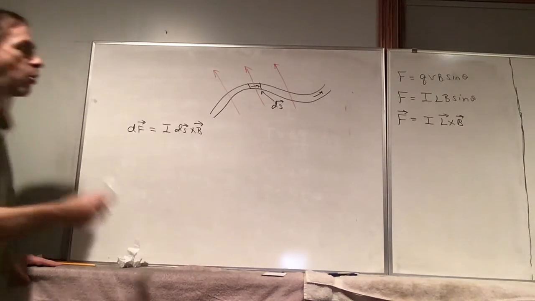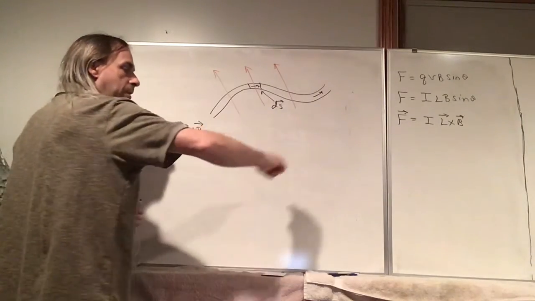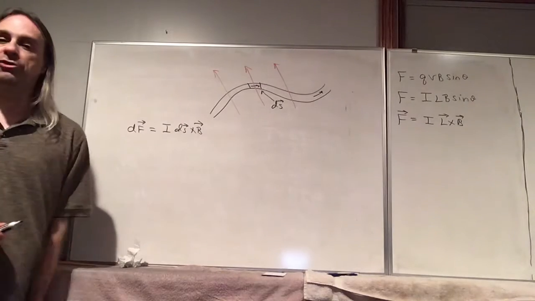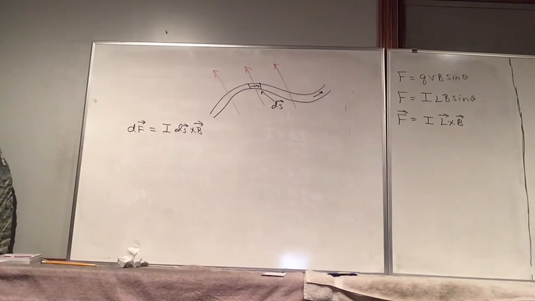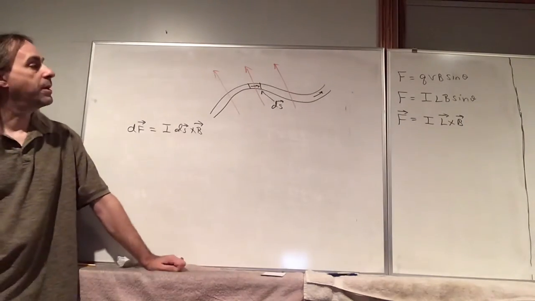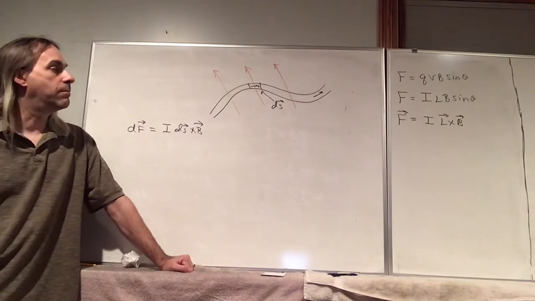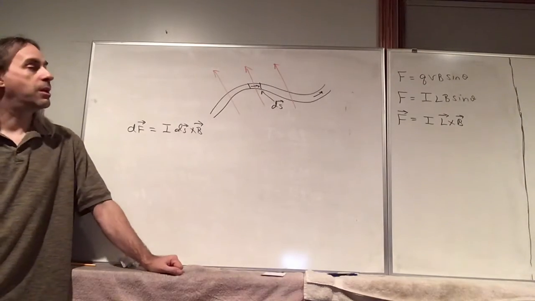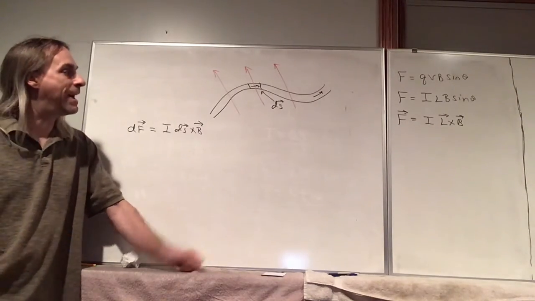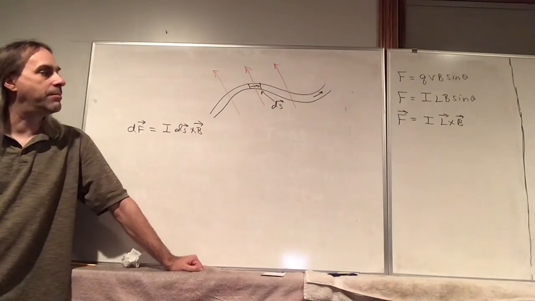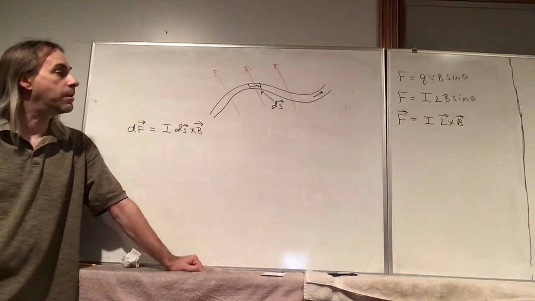If you had something more complicated, say a helix coming out of the board, this expression is still good, but it would be fairly difficult to integrate, because the direction of the force can change depending on where you are, not just the magnitude over any segment. So these calculations can become reasonably complicated.